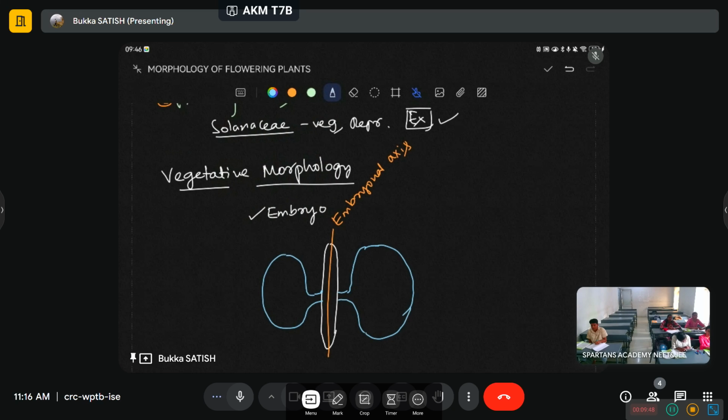But basically, two cotyledons will initially develop. Only in the case of monocot, only one cotyledon develops well, and the other one will be reduced. So let us not worry about dicot and monocot now. It is like two cotyledons are associated with it. How much developed, we'll see later. So these are the cotyledons.